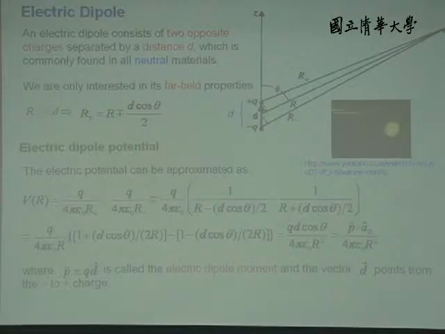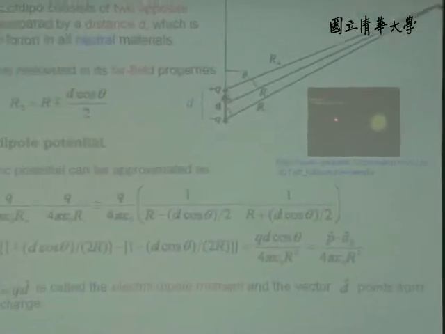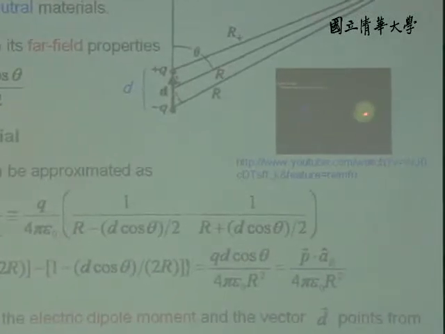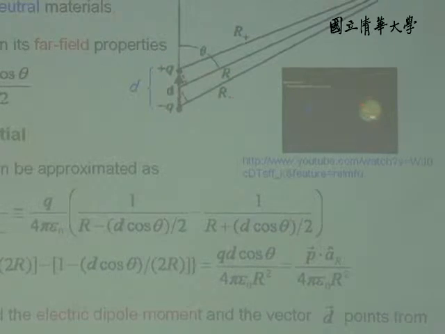The reason is that when you have, for example, two neutral atoms move together, 即使它是完全中性，但是 because there's a positive charge and negative charge in this particle, and there's also positive charge and negative charge in this particle.